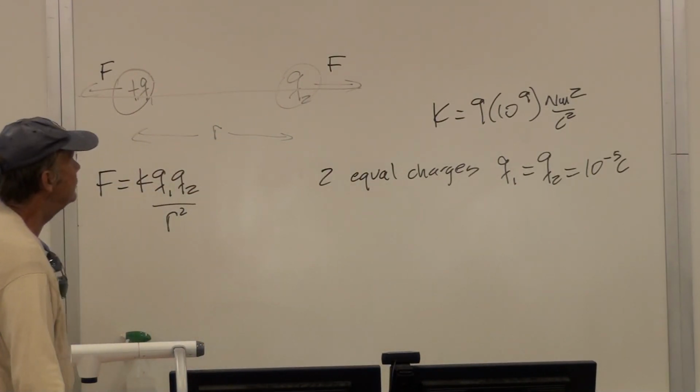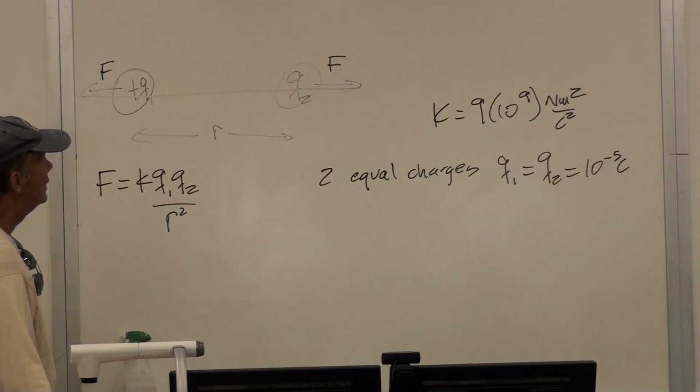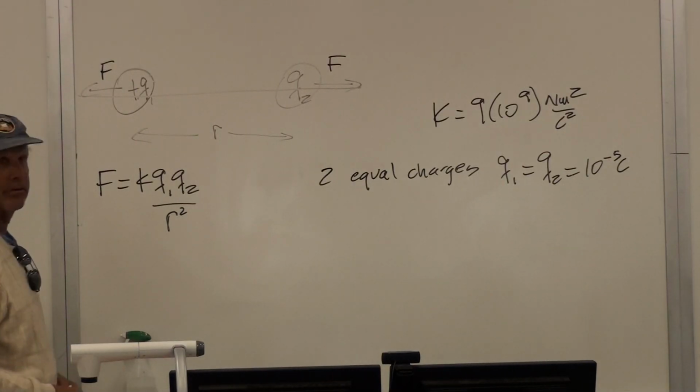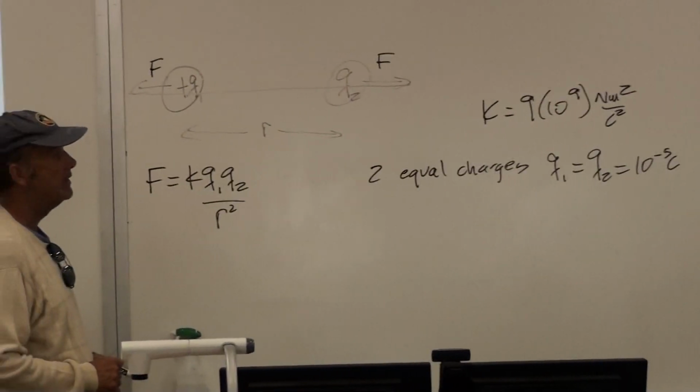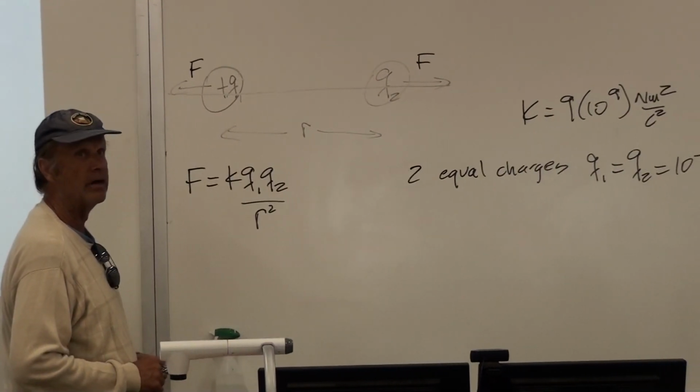Okay, so we've got two equal charges. Let's ask, what is the magnitude of a third charge that's placed between these two that will make the net force on all three charges equal to 0?